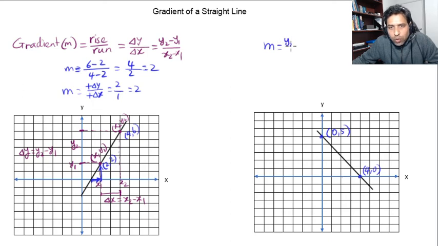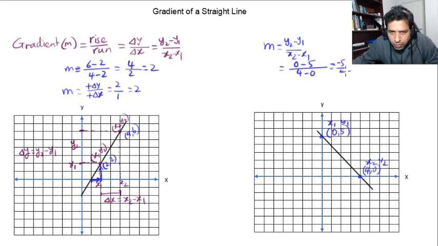So y2 minus y1 over x2 minus x1, I'm just thinking this is our x1 y1, this is our x2 y2, so it will be y2 minus y1, so 0 minus y1, which is 5, over x2, which is 4, minus 0, and that gives minus 5 over 4. Now as I said, that would be negative.